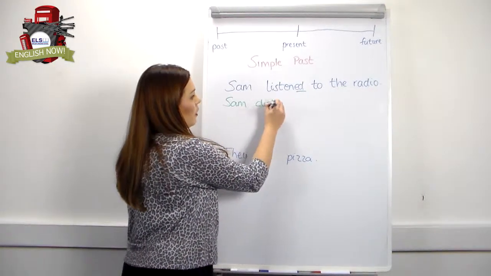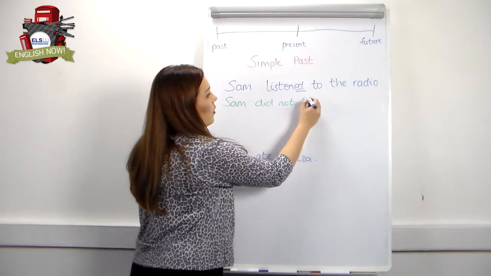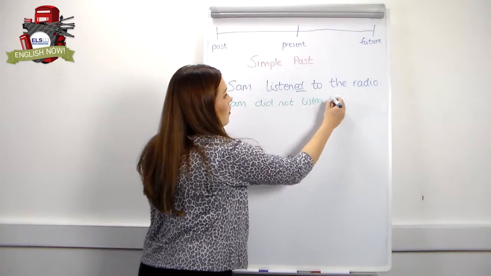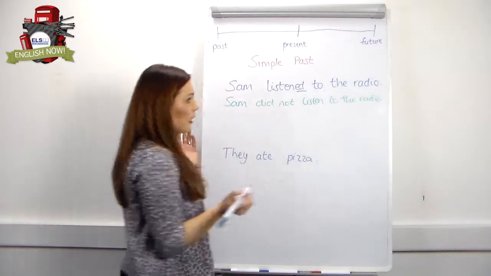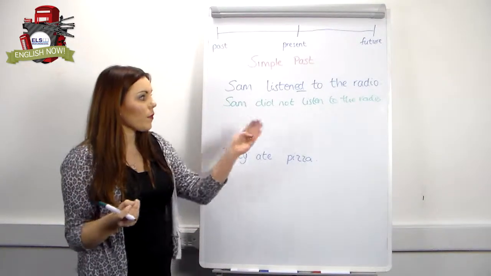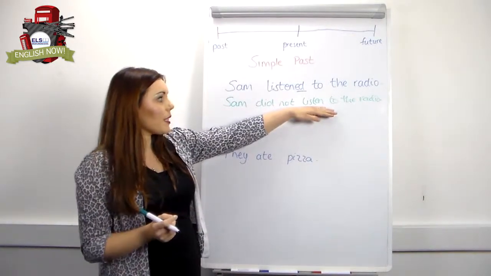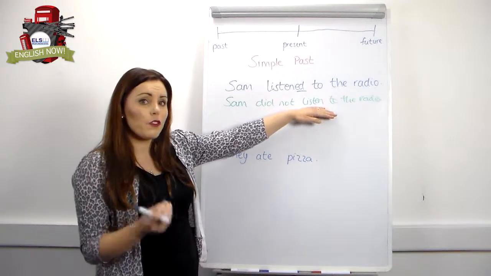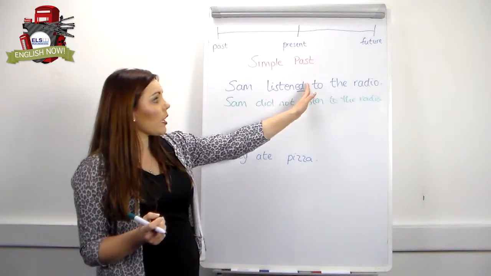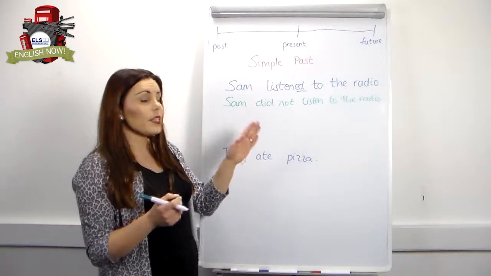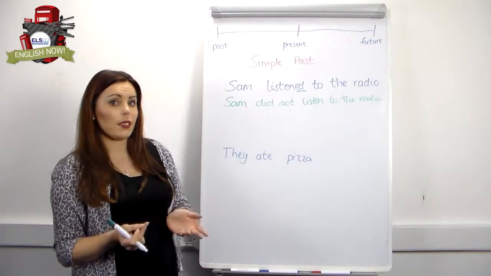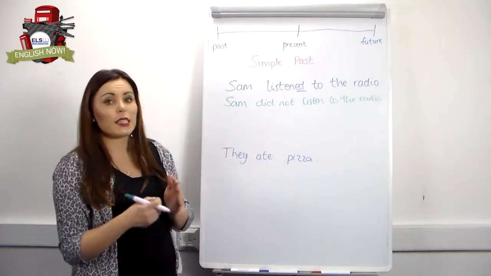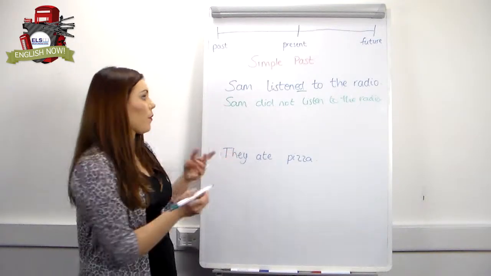Sam did not listen to the radio. Here, in the negative, we use the verb in the first form. We haven't added ed. That's because this part here tells us it's in the past tense. Did is the past of do.